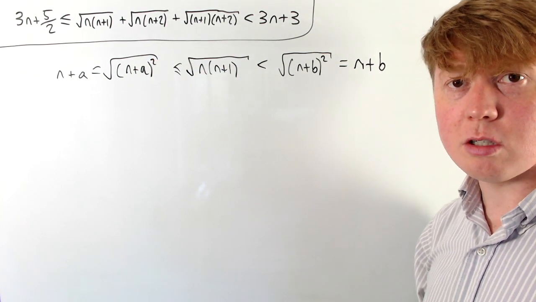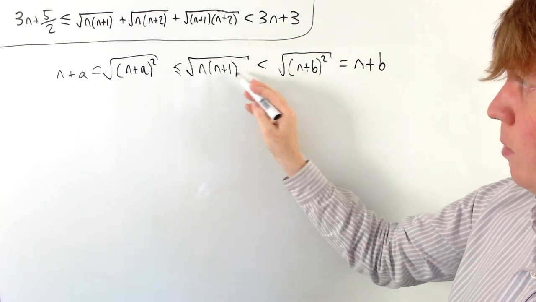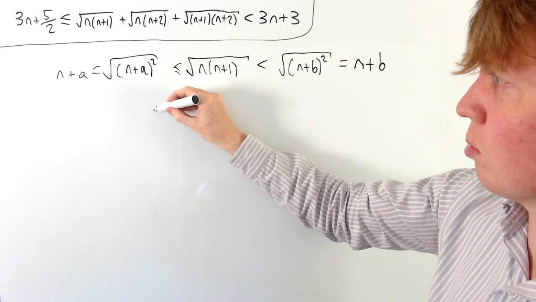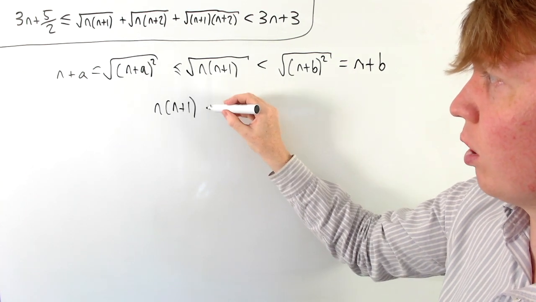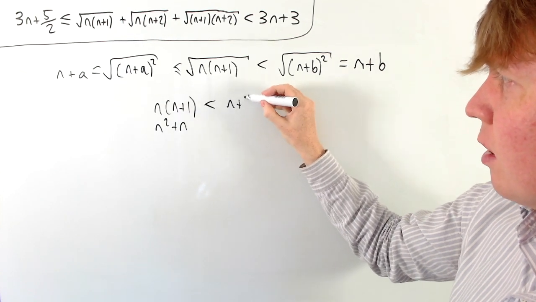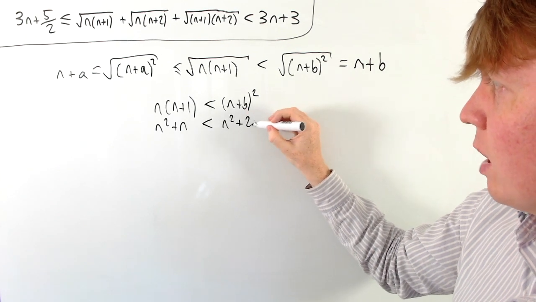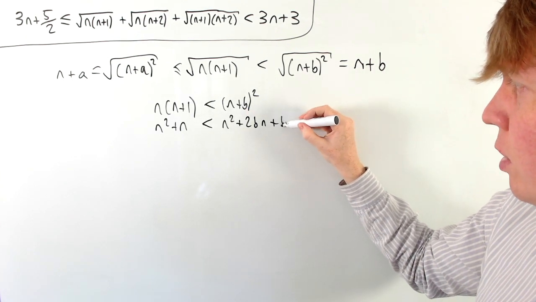So first of all, let's just look for a suitable value of b, and actually just by inspection, if you expand each of these expressions, we expand n(n+1), this gives us n squared + n, and we want this to be less than (n + b) all squared. We want this to be less than n squared + 2bn + b squared.